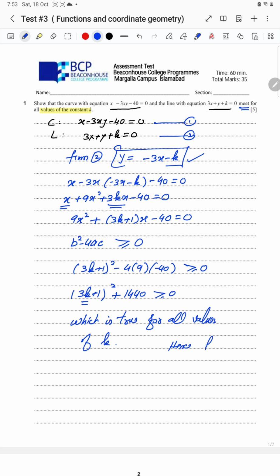Hence proved. For all values of k, your result will be bigger than 0. So we have proved this, which is true for all values of k.